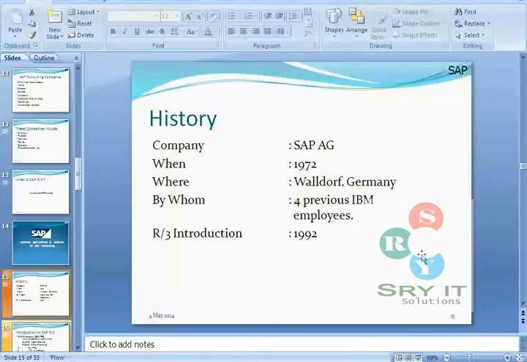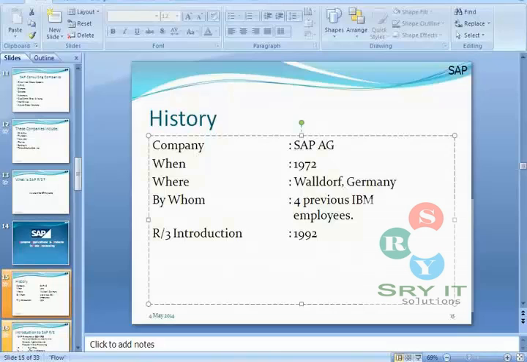A small history about SAP. SAP AG is a company name. It started in 1972 in Waldorf, Germany, founded by 4 IBM employees. The best package was introduced in 1992.